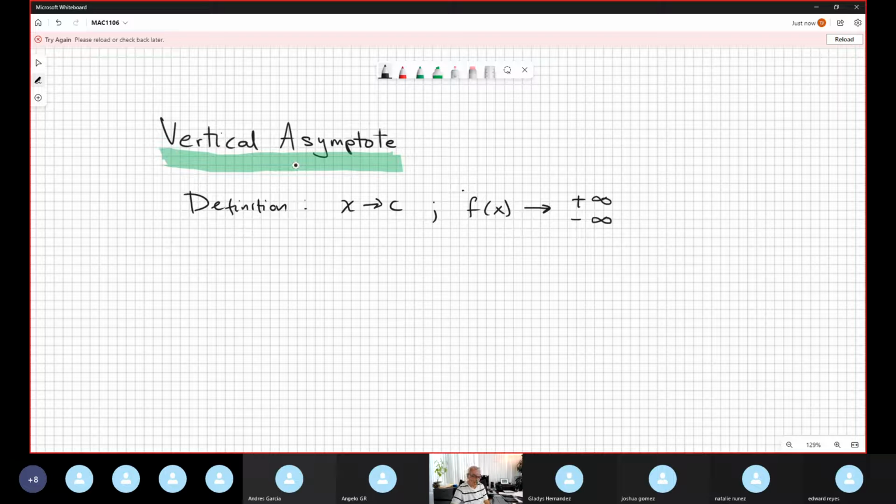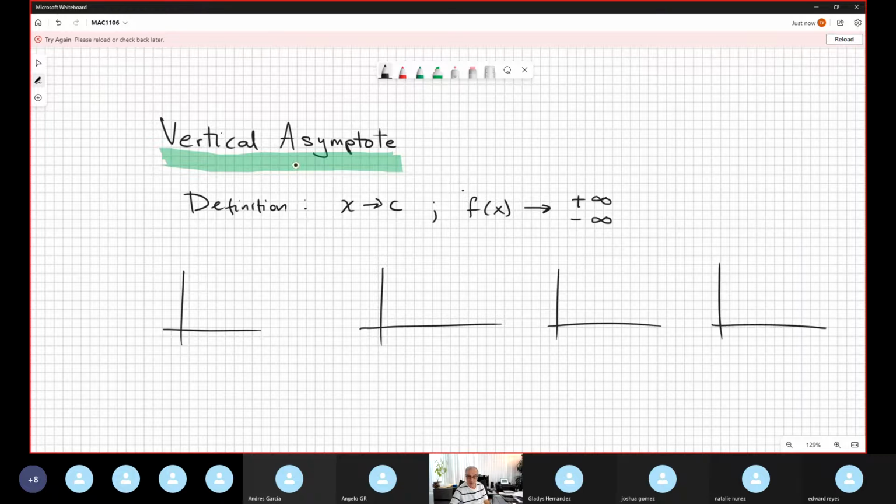Okay? And we have different scenarios. Let me try 4 scenarios for different situations. Suppose the famous point C, and we have here a vertical asymptote.